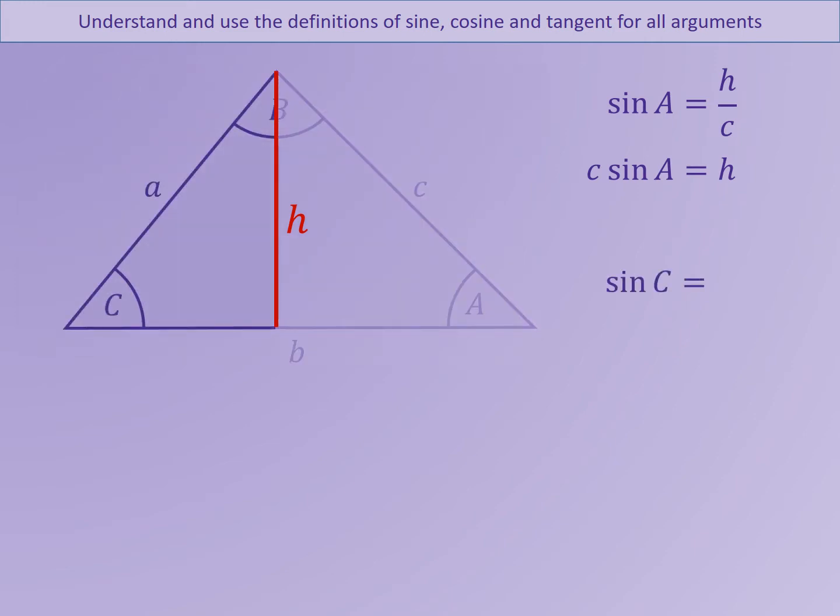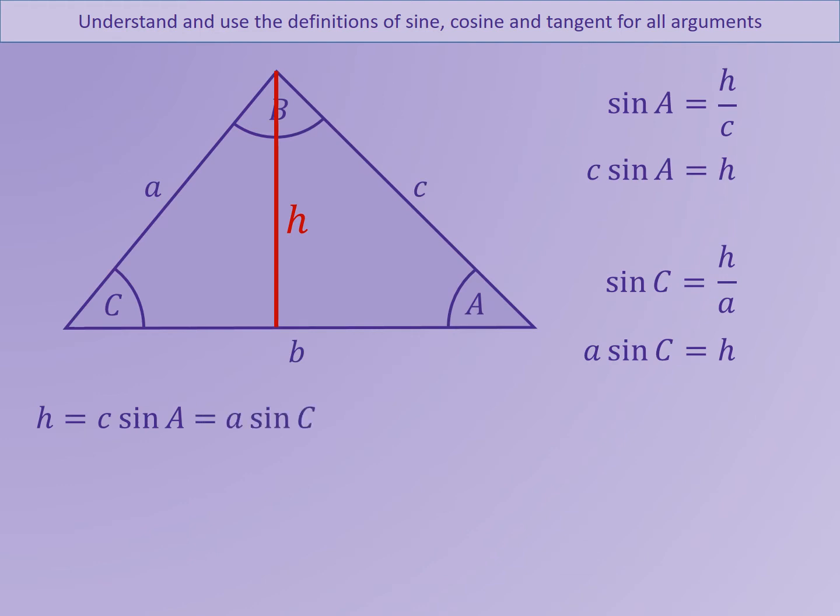Similarly, if I look at the left hand side right angle triangle, I can work out a ratio of sine C. Again, using opposite over hypotenuse, I will get a ratio of h over a. Again, I can bring that denominator up to the left hand side, and it gives me the equation a sine C equals h.